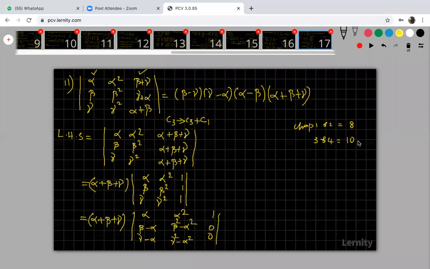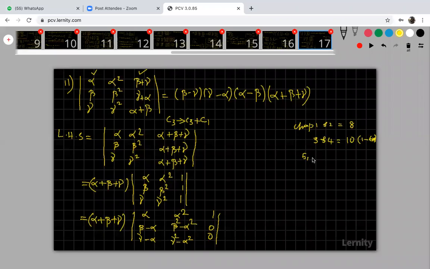In these 10 marks, one 6-mark question is confirmed, particularly in determinants. It may be asked in matrices also. In matrices, the big question is finding A inverse using elementary operations, so they may ask this question, or in matrices they may ask one 6-mark question.